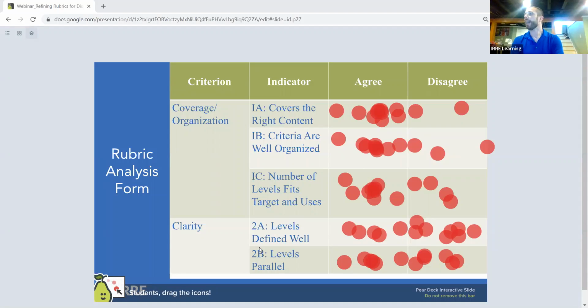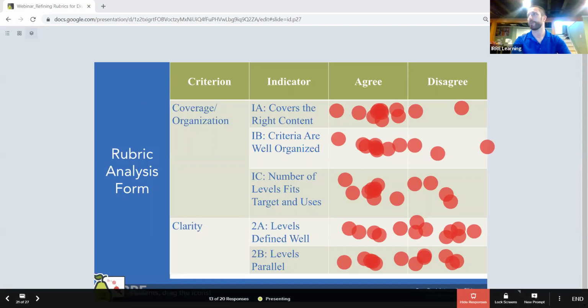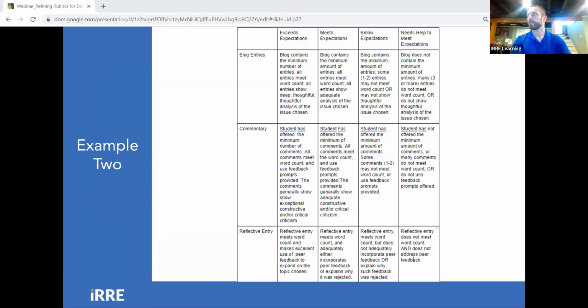Okay. So I think that in that case, the author was attempting to achieve that parallel of the levels, right? That the wording is similar, that it looks at a lot of the similar things. I will go back to that slide in just a moment, so we're all talking about the same thing. So if we are talking, for example, about your reflective entries, one of the things they were looking for is that the reflective entry meets the word count.